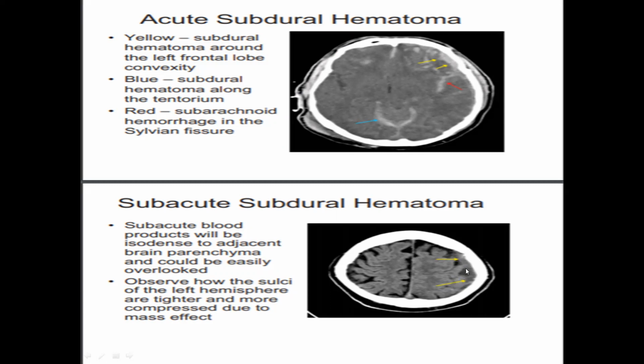If it's similar to brain matter, that is a subacute subdural hematoma. How would you know there's actually a hematoma here? You can compare the left and the right sides. You're able to see this here, but you're unable to see that.